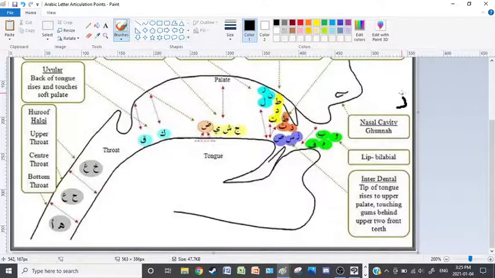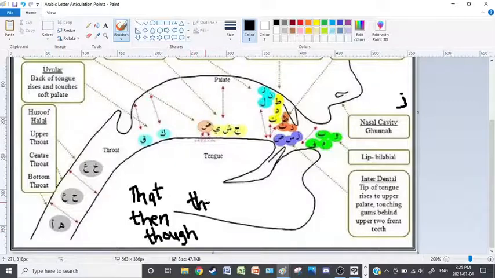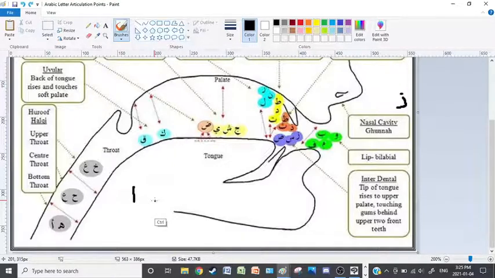Zal, as we said, has the same sound as the word that, or then, or though, or the. That TH sound, that is there. Tha, however, is slightly inwards, as you can see from the diagram here.